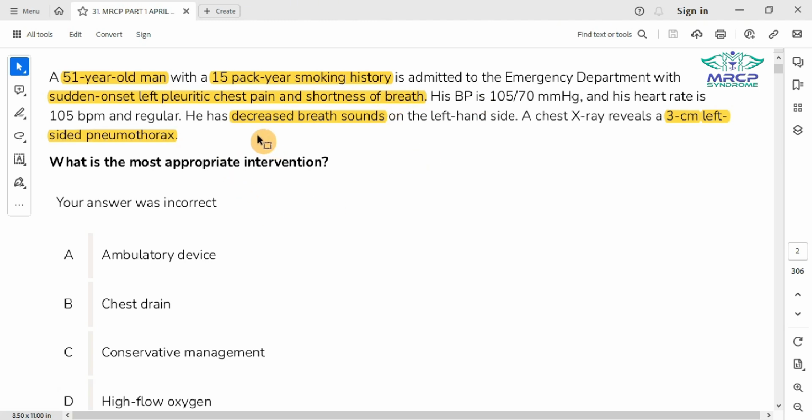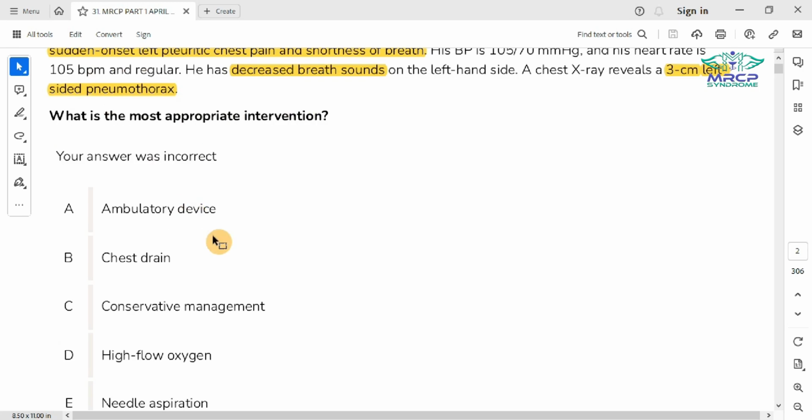The patient had features of hypoxia, and the size was also 3 centimeter. And in that question they asked what should be the next step. So whether this is the most appropriate intervention or the next step, in case of pneumothorax having high risk features, especially shortness of breath or pleuritic chest pain, or features of hypoxia, you will be going for the chest drain.